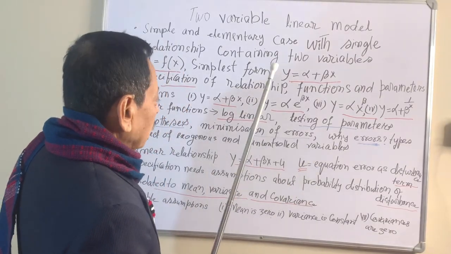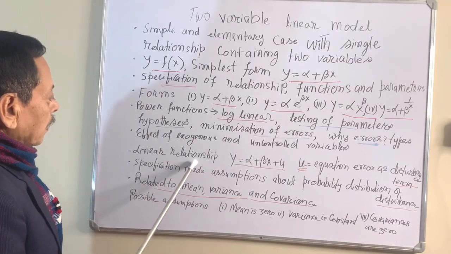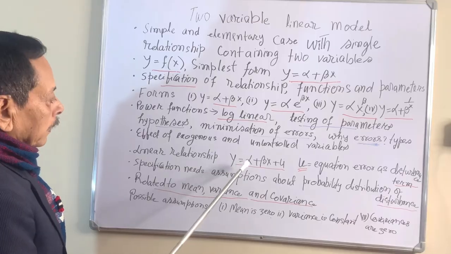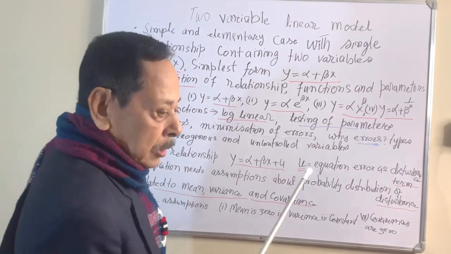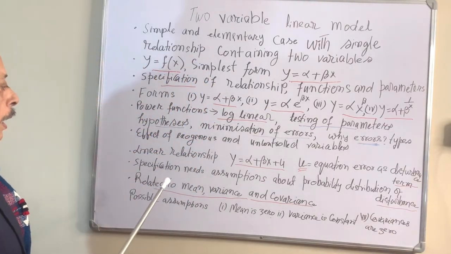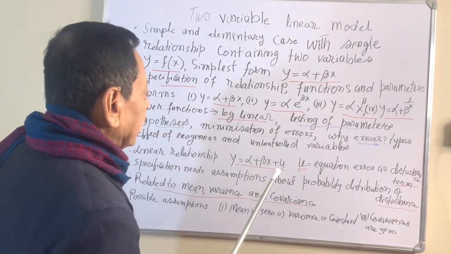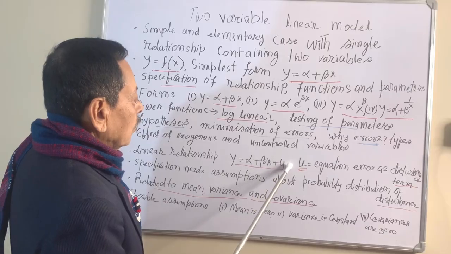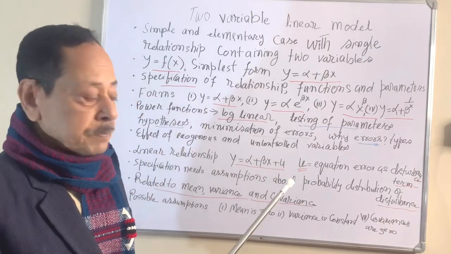Okay, so to capture that error, we generally put an error term in the linear relationship.